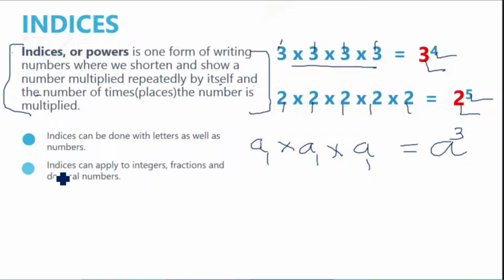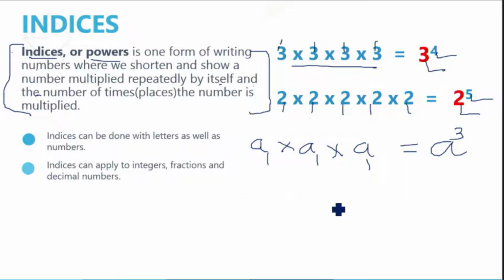So this other point says indices can apply to integers. Now at this point, I'm going to let you understand that indices, as you saw in our definition, you either call it indices or you call it powers, okay? So it's about the powers. Indices is just about powers, okay?